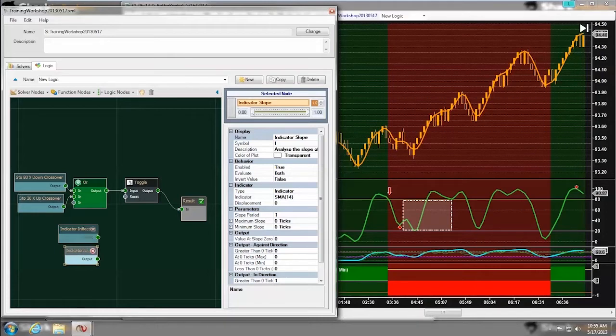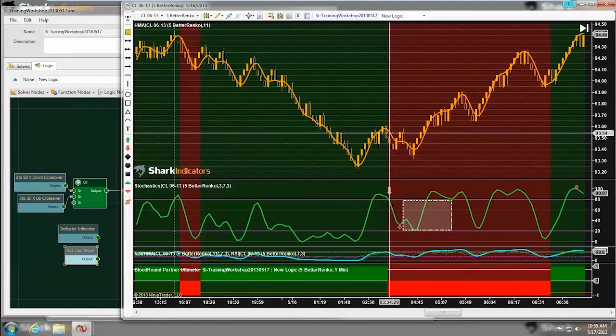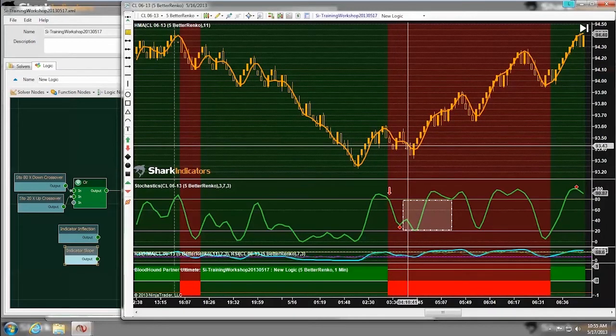And Hussam has a suggestion here. He's saying perhaps the slope of the moving average would do the trick. So, yep, that's another possibility for sure. So we could use the slope of this moving average here.